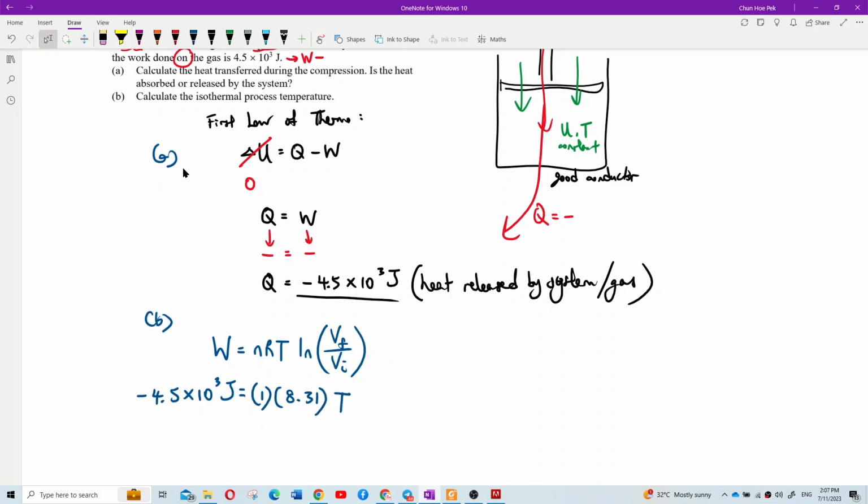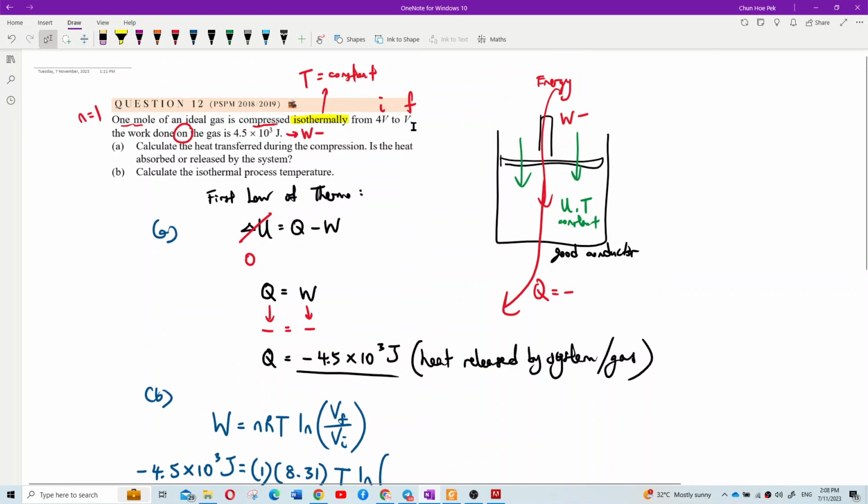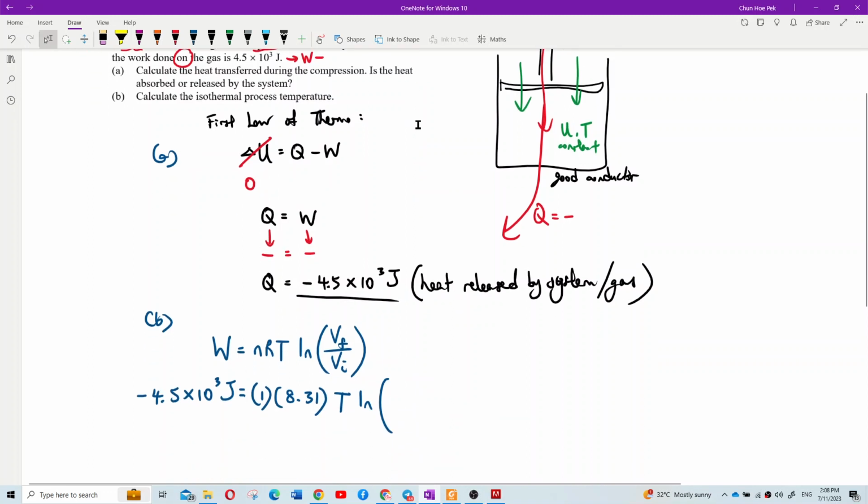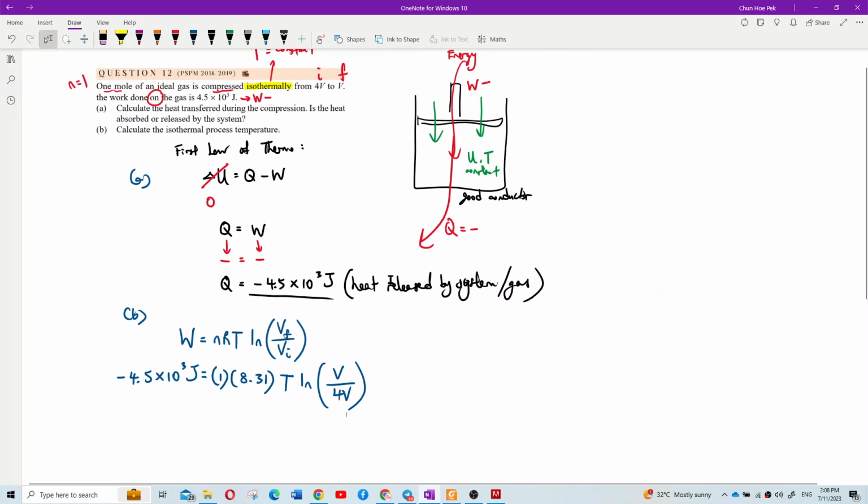Temperature, in Kelvin. Ln, what's our final volume? Final volume is V, compressed. V initial is 4V. V final over V initial, so V over 4V. Okay or not, class?